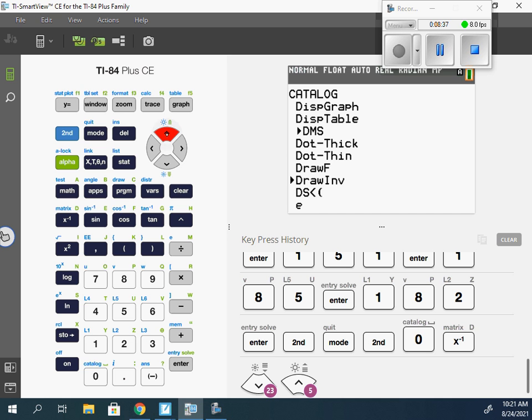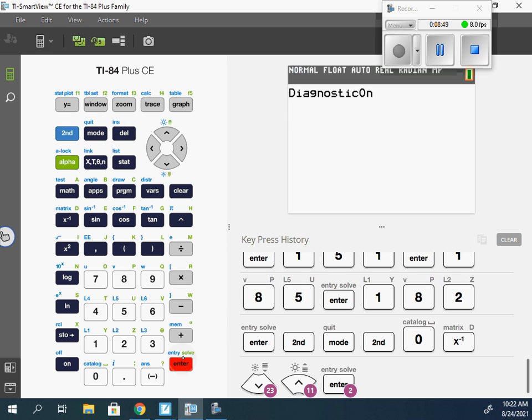Hold on, let's go back up. Diagnostics on. Once you get there, hit enter. So there's diagnostic off and then diagnostics on. Yep, so hit enter on diagnostic on and then hit enter again and it should say done.